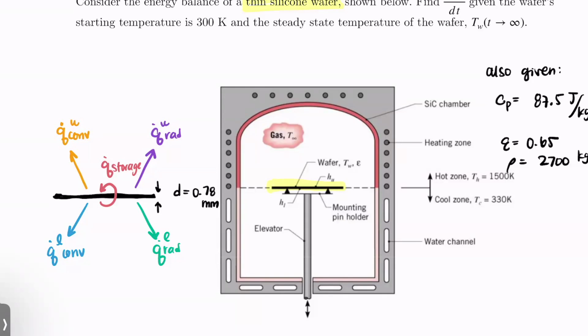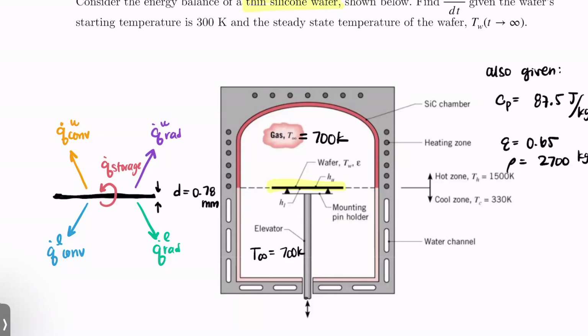And then we are also given that the T gas, T infinity, is equal to 700 K. I don't know why that's not written on this diagram for the top and the bottom. When I make these diagrams, I like to write the pertinent temperatures next to the Q dots so I can keep myself organized.